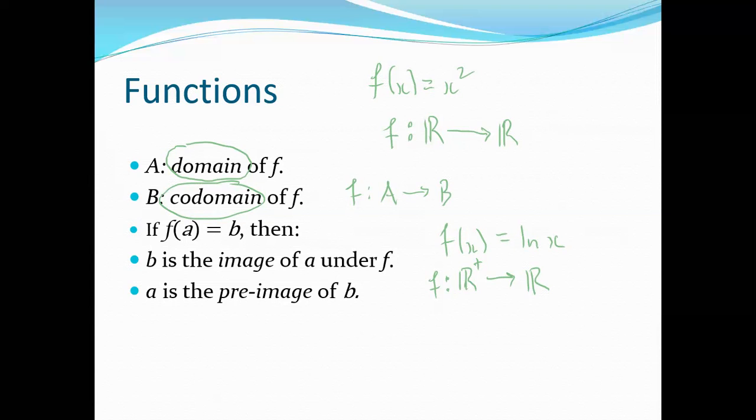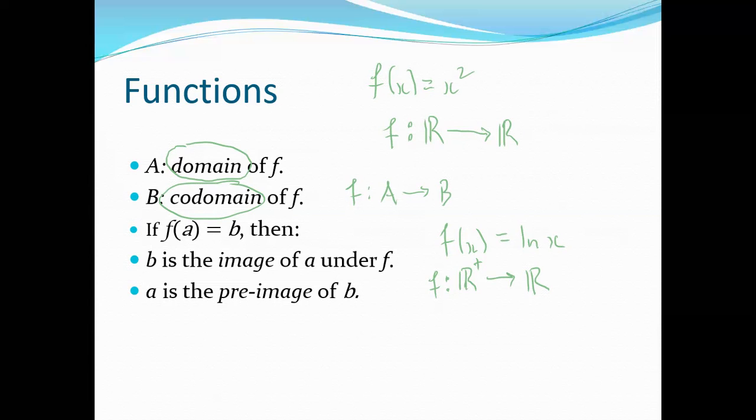But is every real number hit by that function? No, in fact, only non-negative numbers are hit, right? Zero or any positive number. But I don't ever get any negative numbers. Does that make sense? Okay.